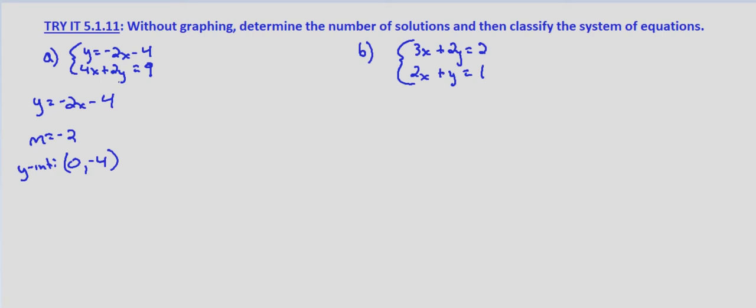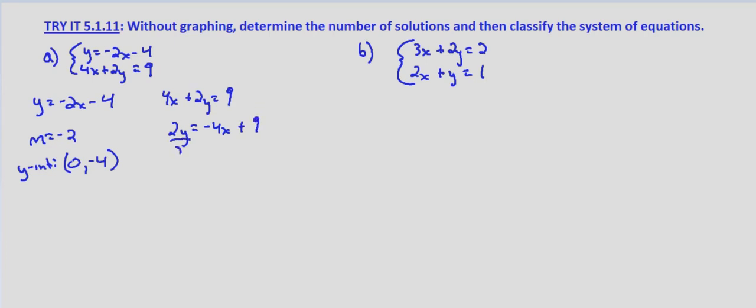which will always be the case with any y-intercept. Now with our second equation, we have 4x plus 2y equals 9. Subtracting 4x from both sides, we have 2y equals negative 4x plus 9.